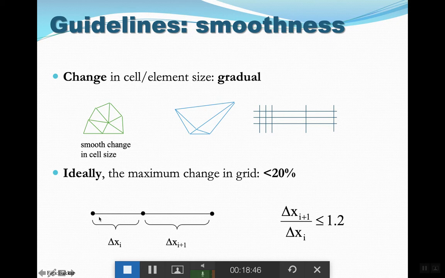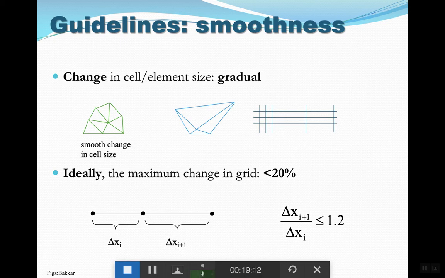Smoothness means the size of neighboring cells should not be dramatically different. For example, one neighboring cell shouldn't be 100 times larger than the other. If you want to go from a size of 1 to 100, don't go in one step. You have to create different steps, go from 1 to 2 to 5 to 10, and so on, until you reach 100, right?